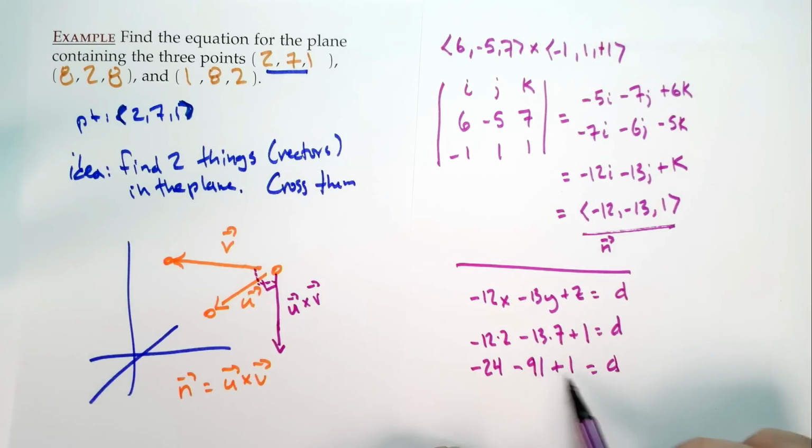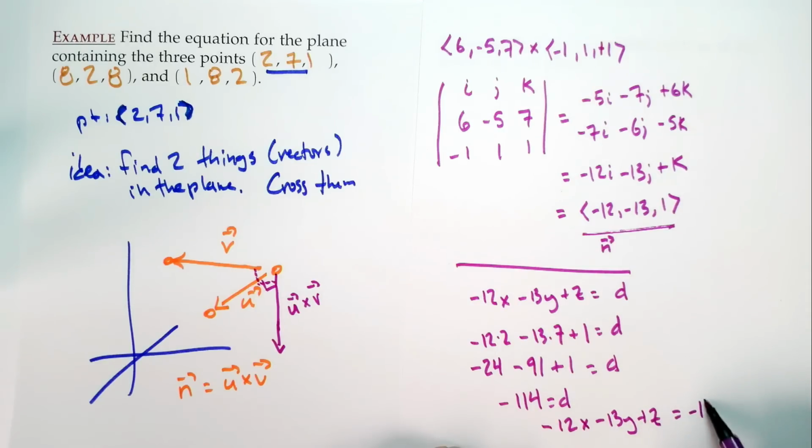Well, that's negative 90. And then if I take negative 24 and I subtract 90, negative 114. So our answer will be -12x - 13y + z = -114.